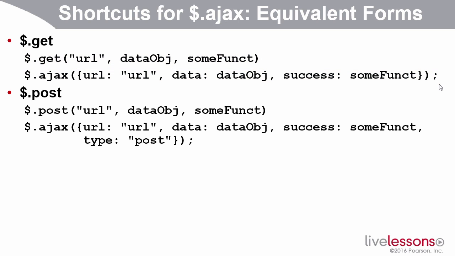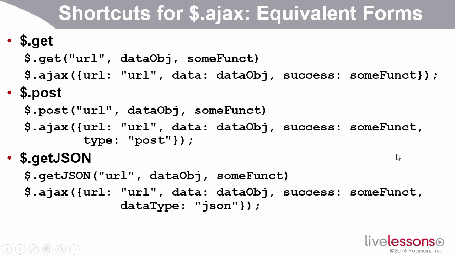Similarly, there's $.post. You supply an address, a data object, and a success handler function. So this $.post line is equivalent to this slightly longer line that uses $.Ajax. And then there's a version with JSON built in. So if you say getJSON, notice the uppercase SON.